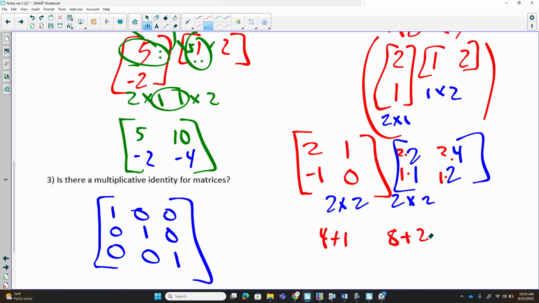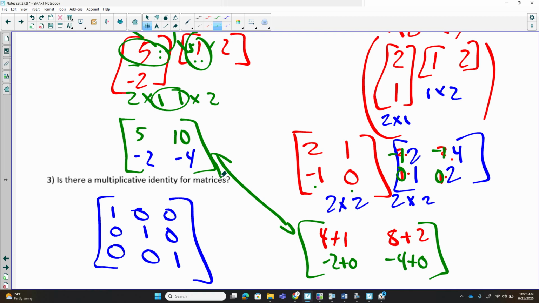Then I'm going to use the -1 and 0, and apply it to these. So you get -2 plus 0 and -4 plus 0. And what did you guys notice? They're the same.